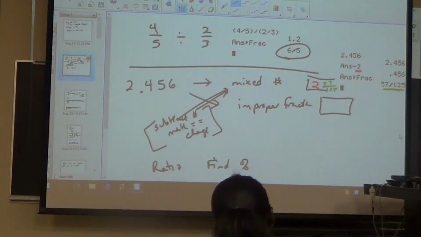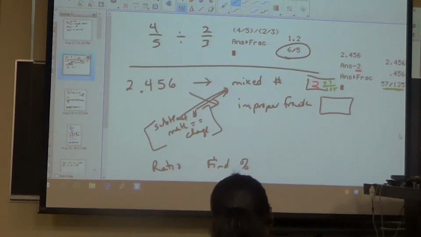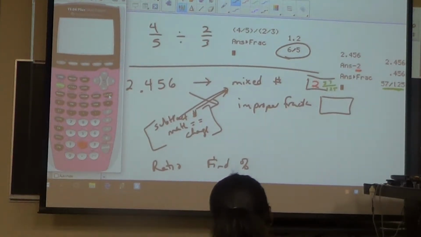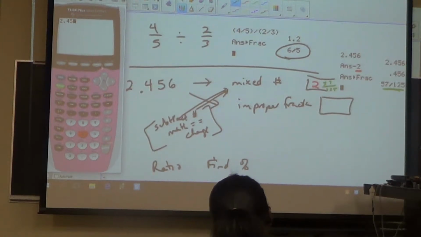Now, when it says improper fraction, when it just says turn me into a fraction, what do you do? Math, enter. We don't take away the dollars. So if we just want an improper fraction, we type in the answer again, and we math, enter.